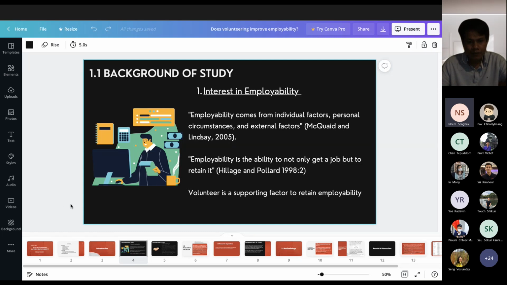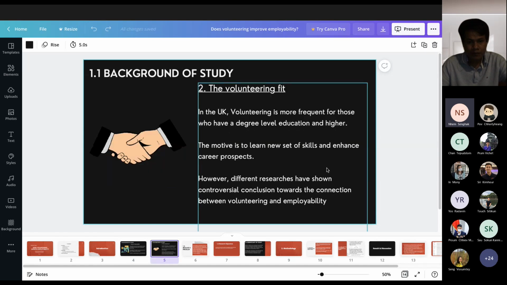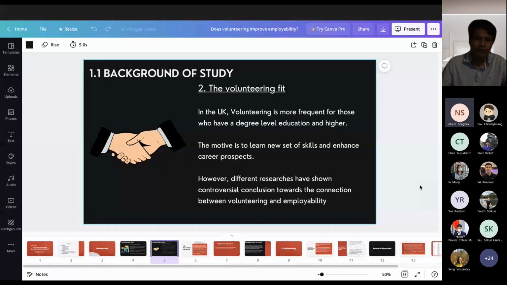So let's move to the next slide, please. And here is the second point, the volunteering fit. It describes the definition of volunteering, which is unpaid activity conducted for the benefit of people.